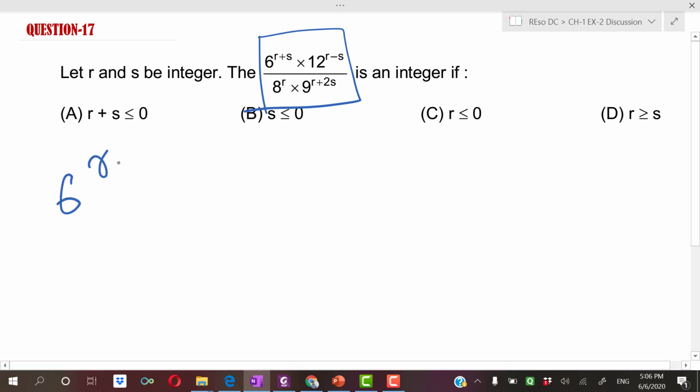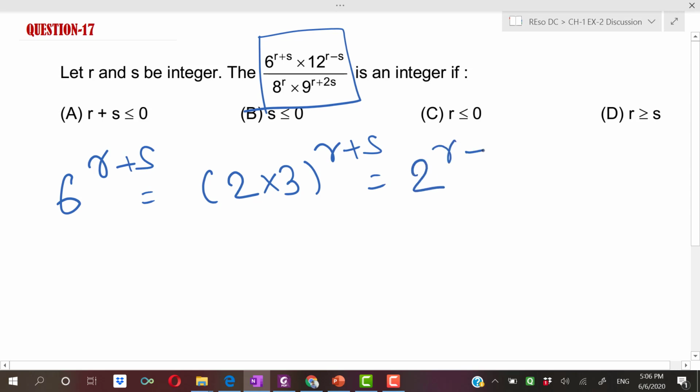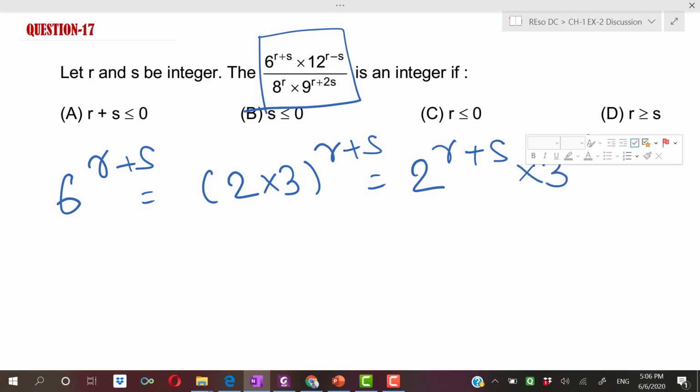6 raised to the power r plus s can be written as 2 into 3 raised to the power r plus s, which is equal to 2 raised to the power r plus s multiplied by 3 raised to the power r plus s.